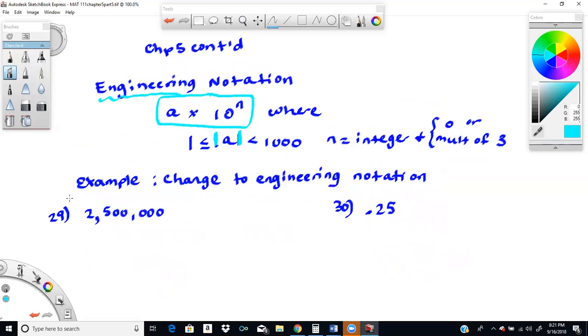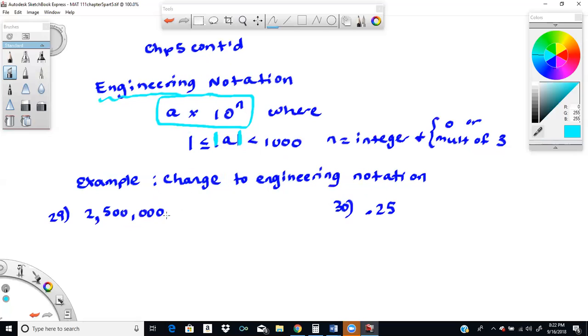So now we have to change to engineering notation. Here we have 2.5 million. We want to change that to engineering notation. Remember that A can be between 1 and 1,000.